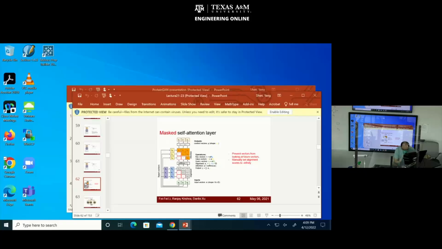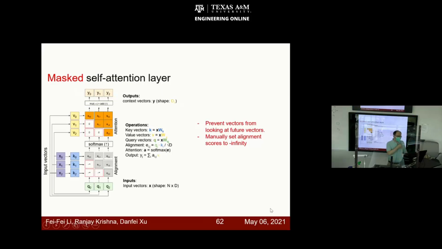It's right here, yeah. So in the masked self-attention layer, remember that the way we generate this alignment, right? So you see that we have the query and the key, both are generated from the input, okay? But when we compare the query and the key, you see that query 0 can only use key 0.